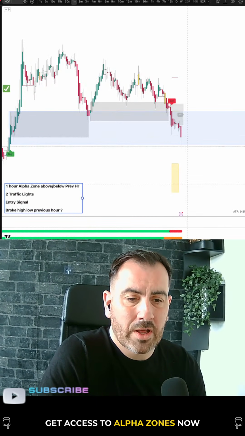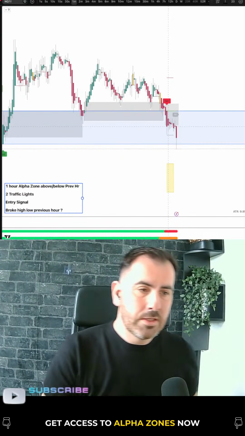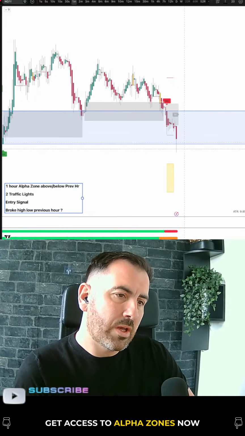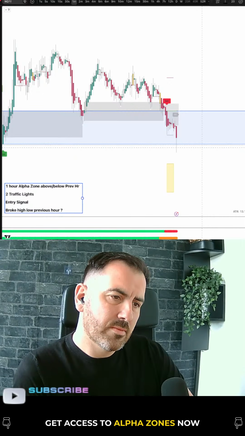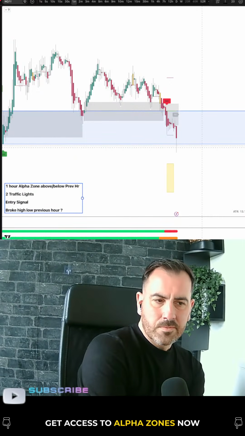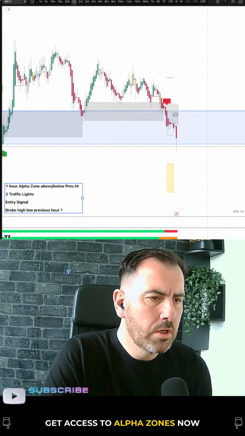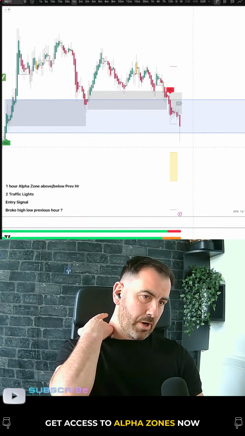We don't have 2 traffic lights yet, and my entry was in the queue, so I can't take it, but if we get below now, if we can get a close above, I mean, if we can get a close below the queue, and then hopefully we can get a break.